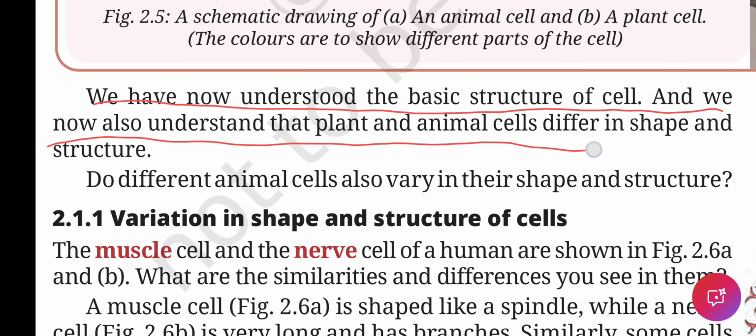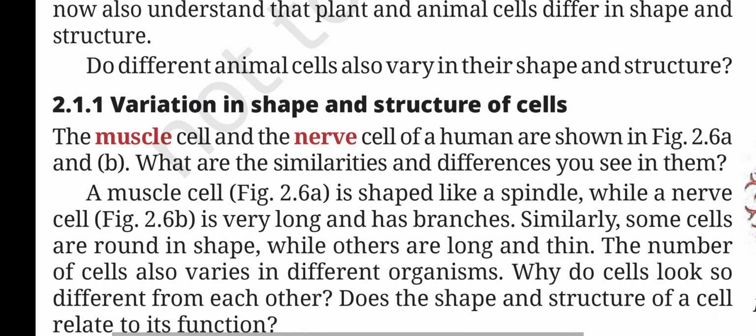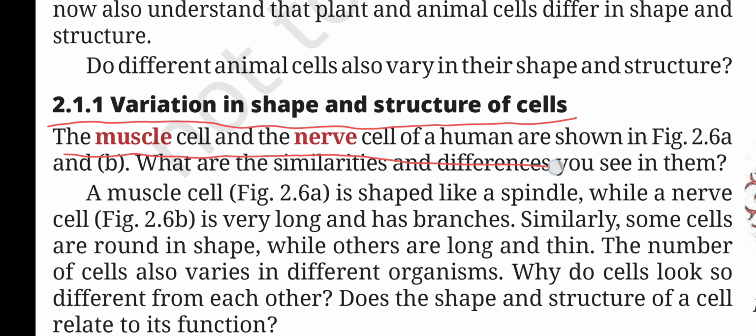We have now understood the basic structure of a cell, and we now also understand that plant and animal cells differ in shape and structure. Do animal cells also vary in their shapes and structure? 2.11 Variation in shape and structure of cells.